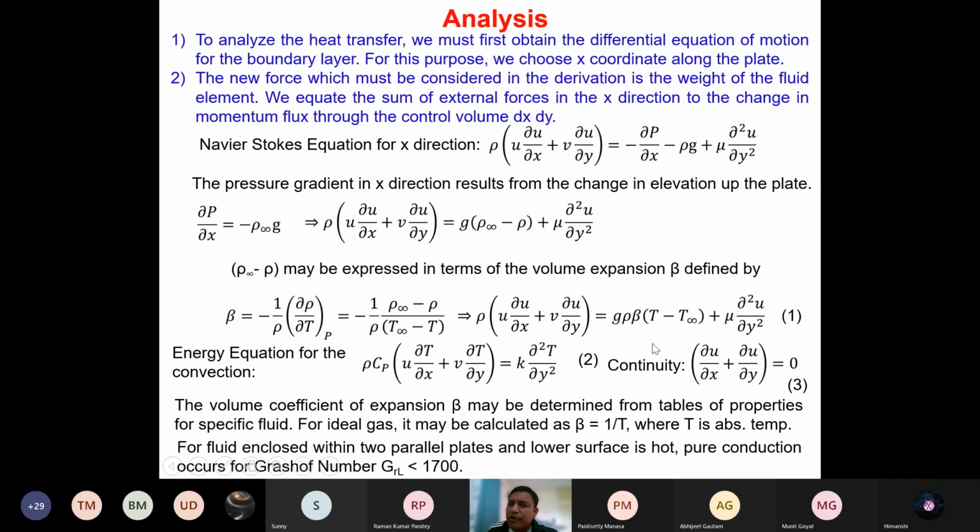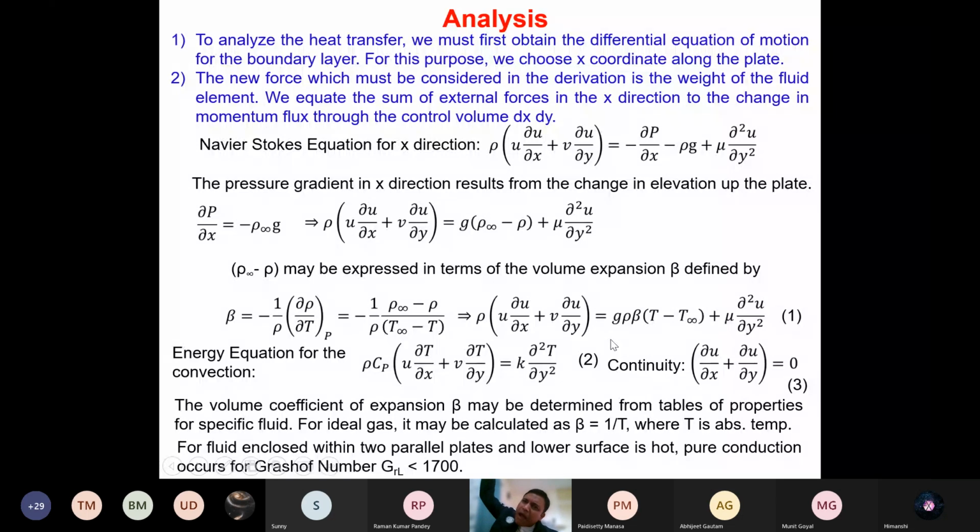This term is going to be very important, isn't it? This beta, the coefficient of volume expansion, and this g, which is the acceleration due to gravity, are going to become more important here, because the entire movement of the fluid particle is taking place because of this, isn't it? The coefficient of volume expansion and the acceleration of gravity.